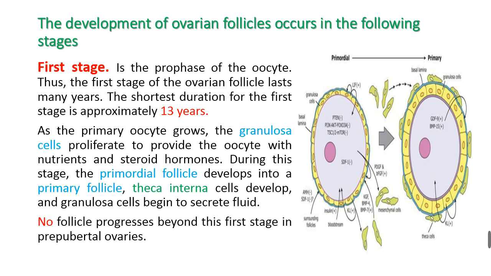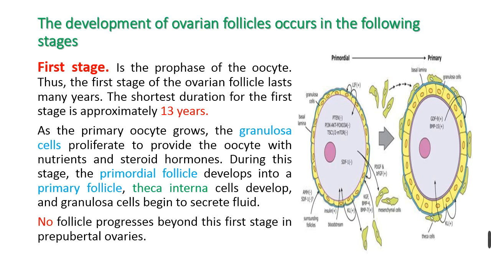What are the stages of development of the ovarian follicle? Ovarian follicle development occurs in the following stages. The first stage is the prophase of the oocyte.